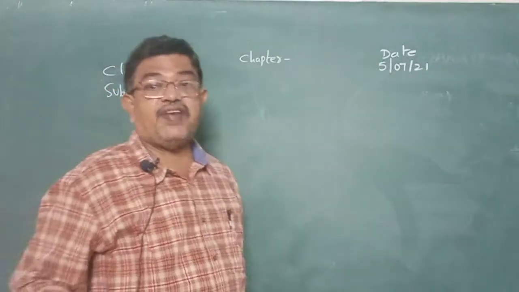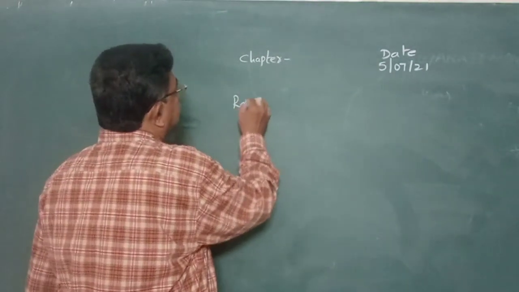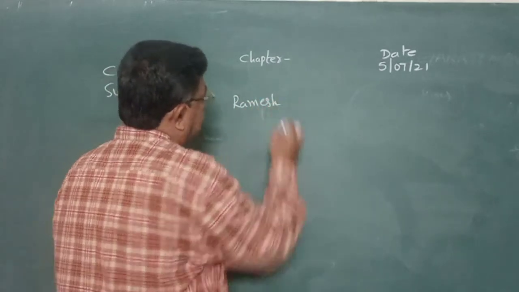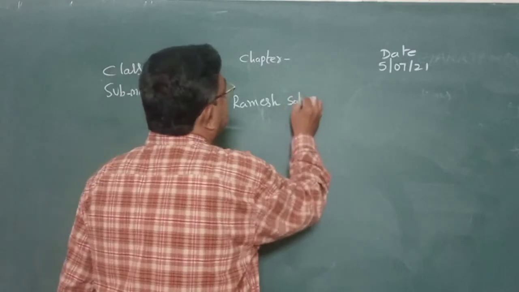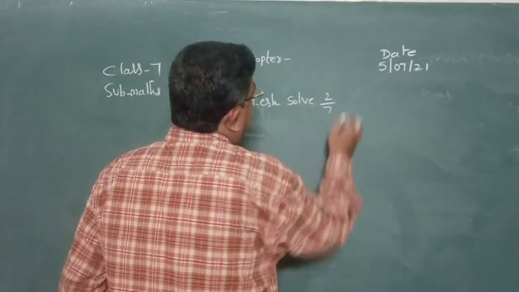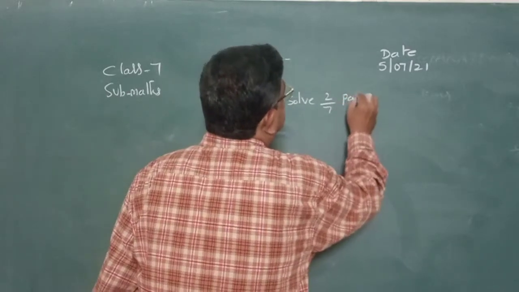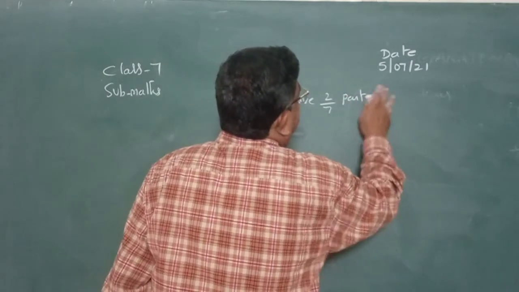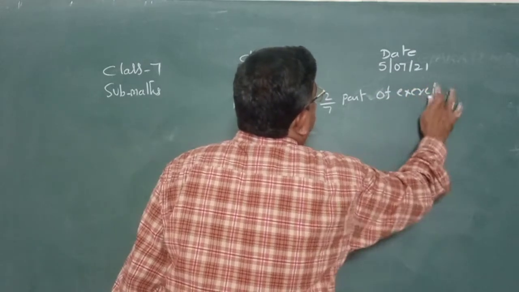We are comparing fractions. Ramesh solved 2 by 7 part of an exercise. An exercise is given, maybe any subject.